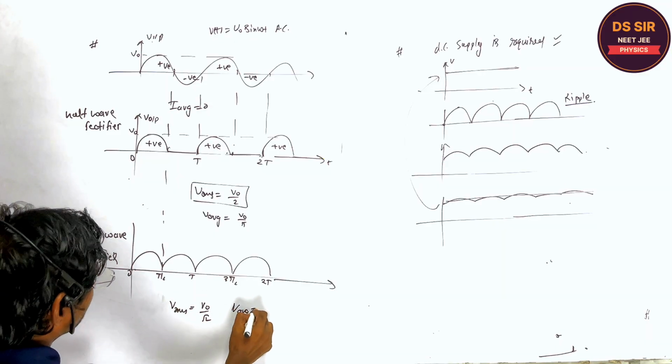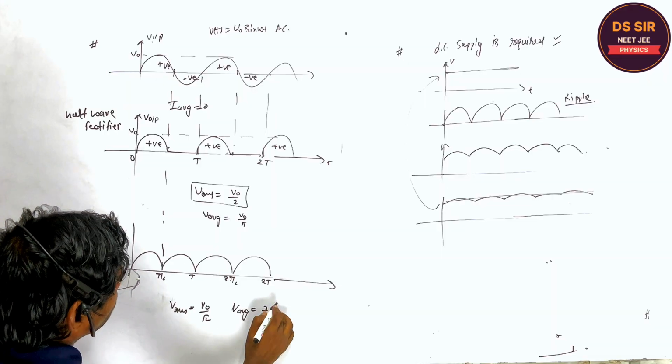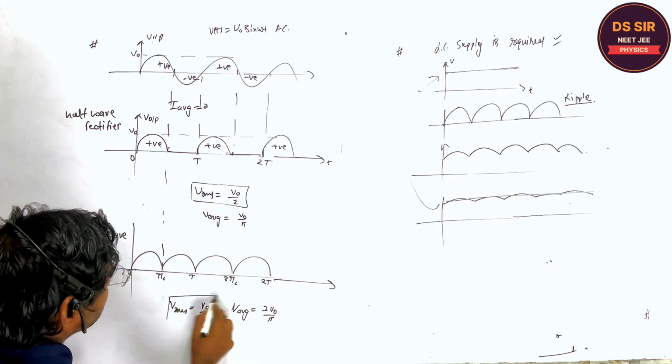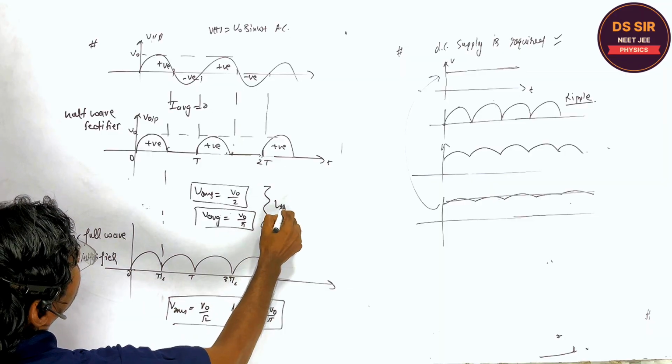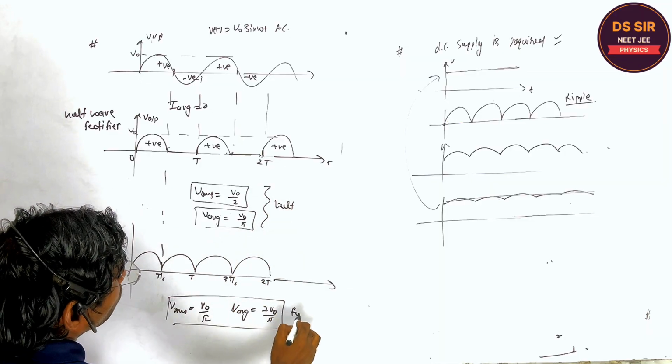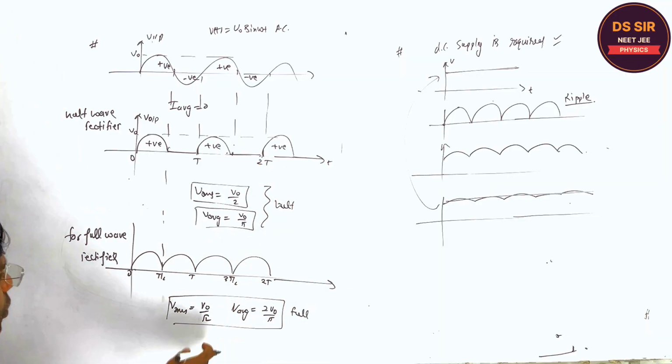The V average is equal to 2 V naught by pi. Is it clear? So this value for the half wave rectifier and this value for the full wave rectifier, you have to remember. All right.